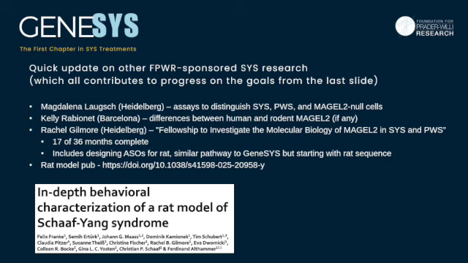And fortunately, because Dr. Rabianet's work has not found any significant differences in activity between the human and rodent MAGEL2, we don't think that that's going to be necessary, but it remains an option if we have to.